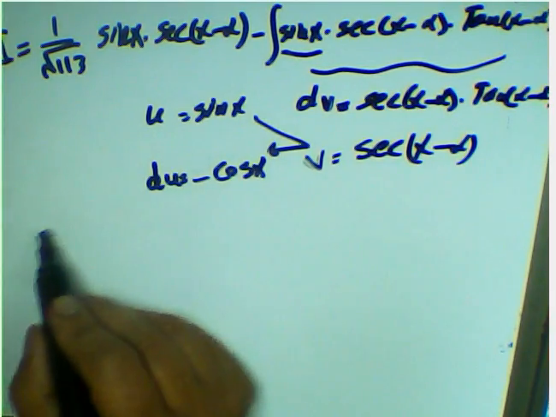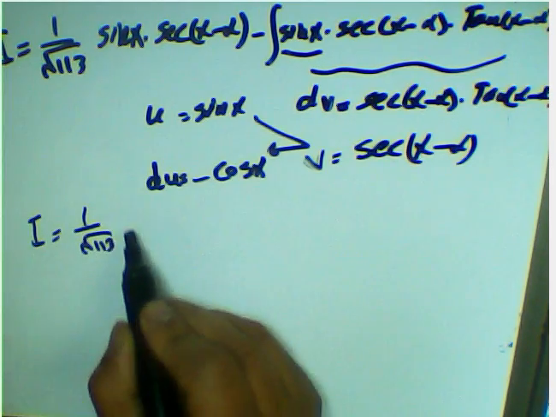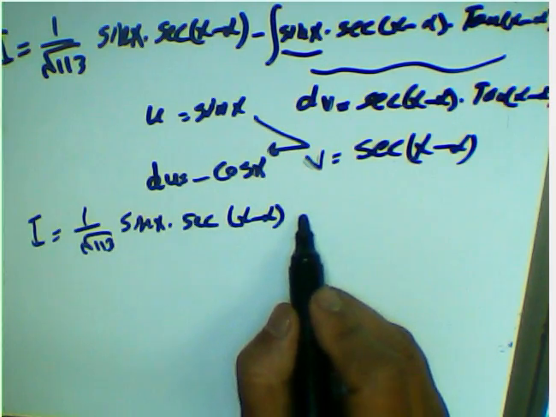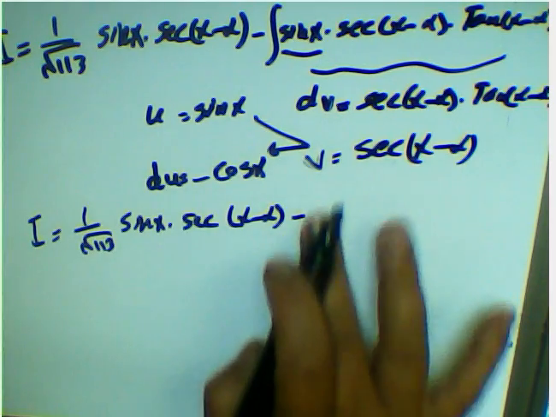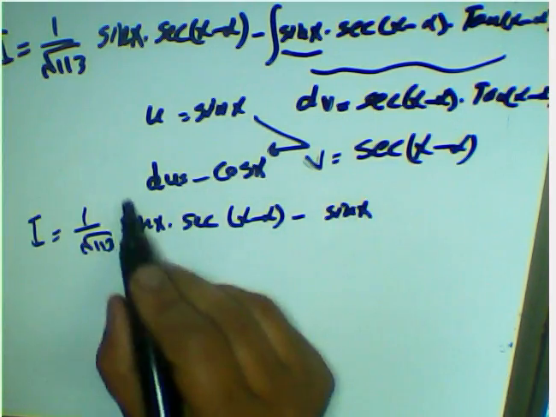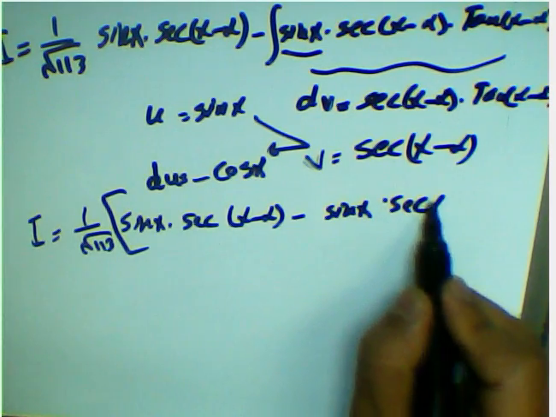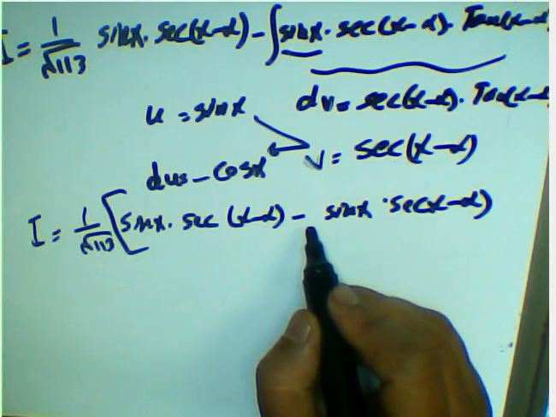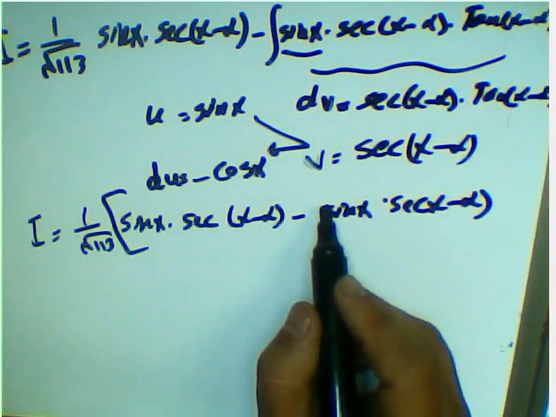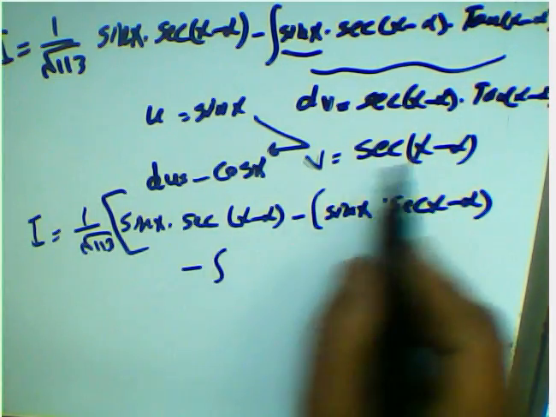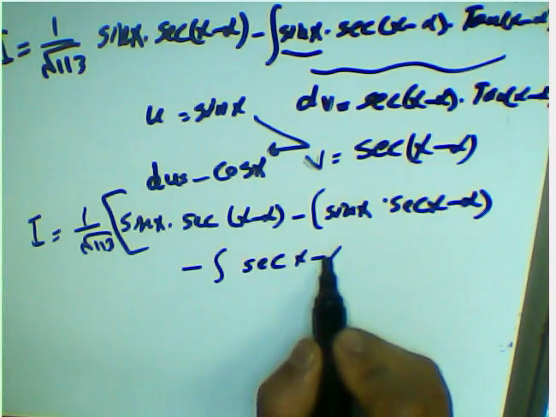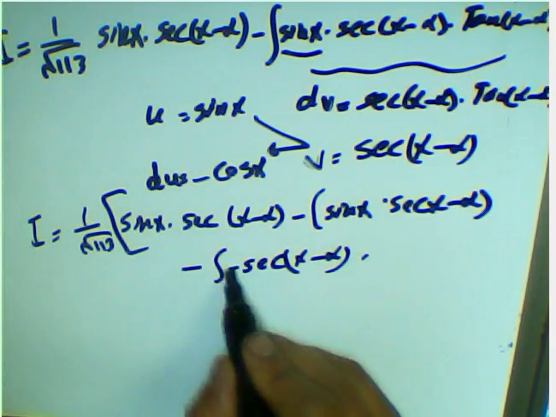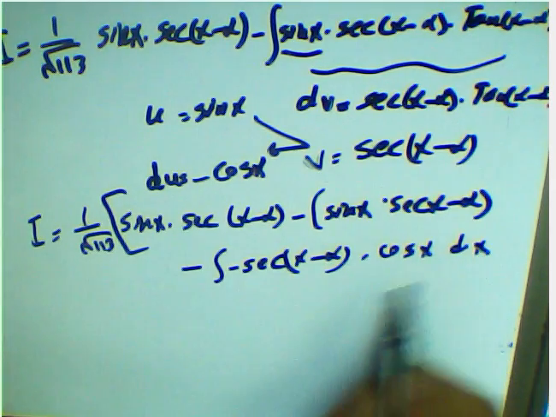And using the rule here, I will have 1 over root 13 sine x multiplied by sec x minus alpha, subtract the integration of sine x multiplied by sec x minus alpha, subtract the integration of sec x minus alpha times negative cosine x dx.